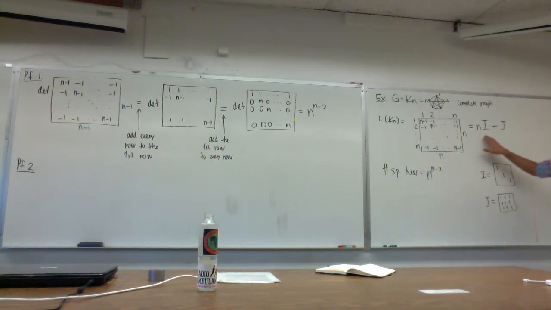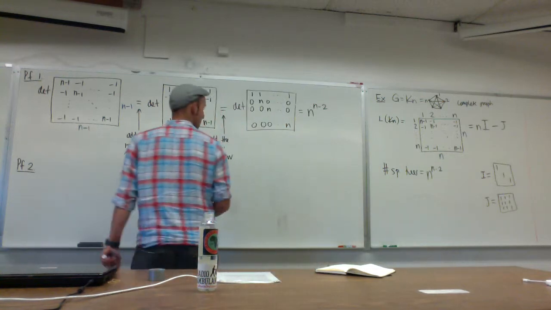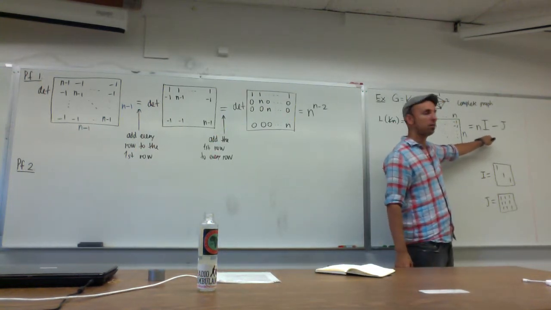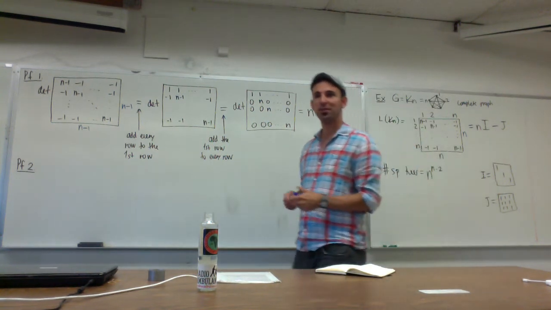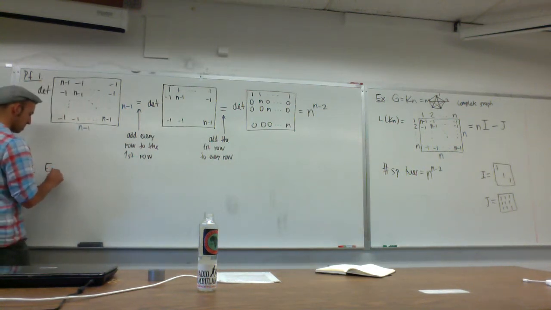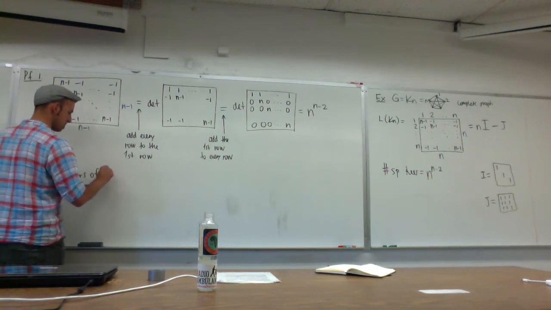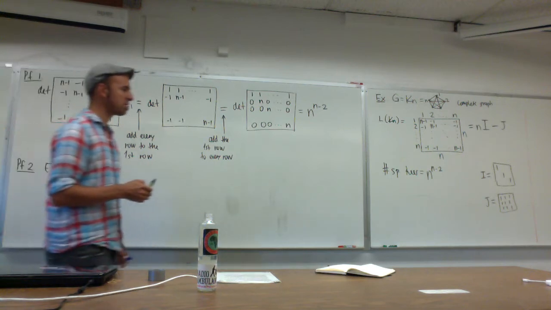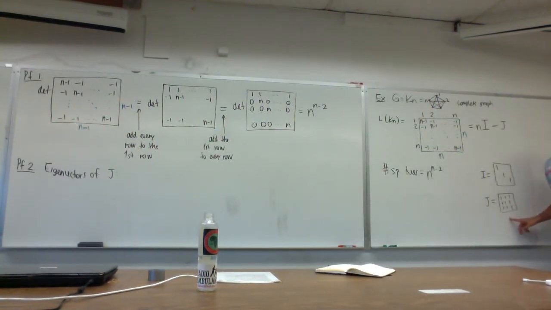And the eigenvectors of this are everything. And so what are the eigenvectors of J? Can you come up with vectors that are eigenvectors for this?